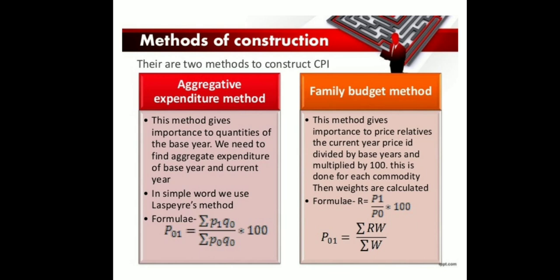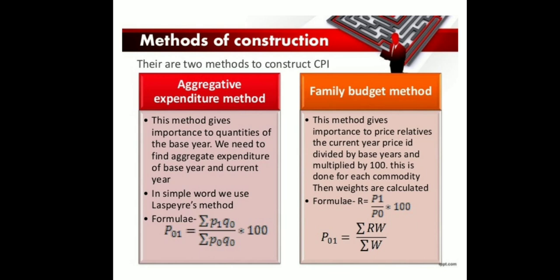There are different types of people in the society, and the expenditure or consumption of one family is not exactly the same as that of another family or another village.